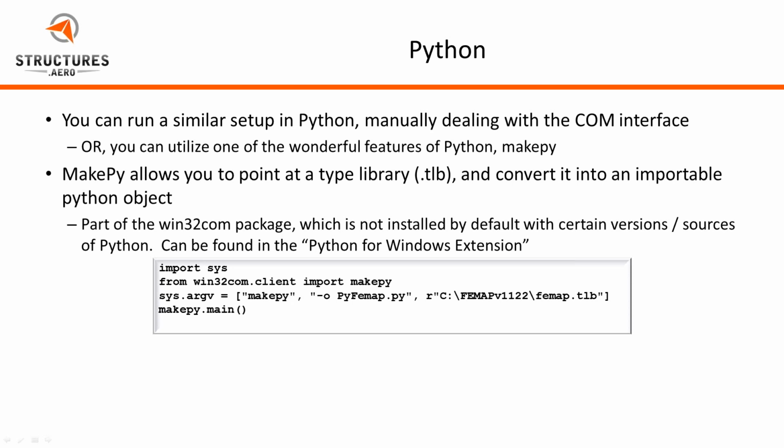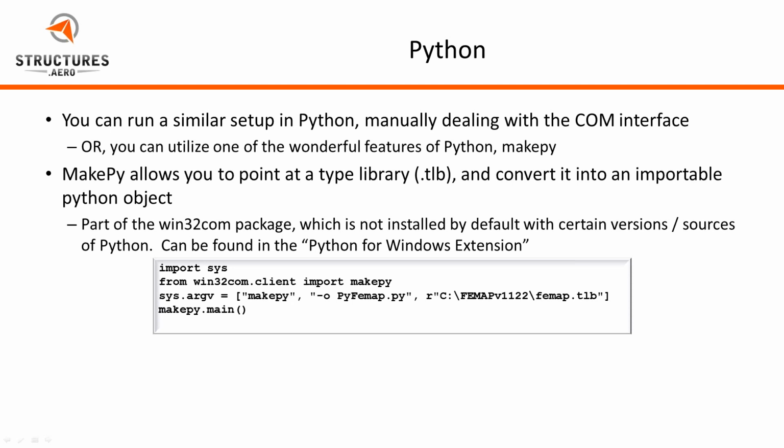So this code, first of all, imports the MakePy function out of the Win32 object. We then set some argument variables. We're going to do MakePy with an output of what I'm calling pyfemap.py. So this is the Python file we're going to convert the type library into.